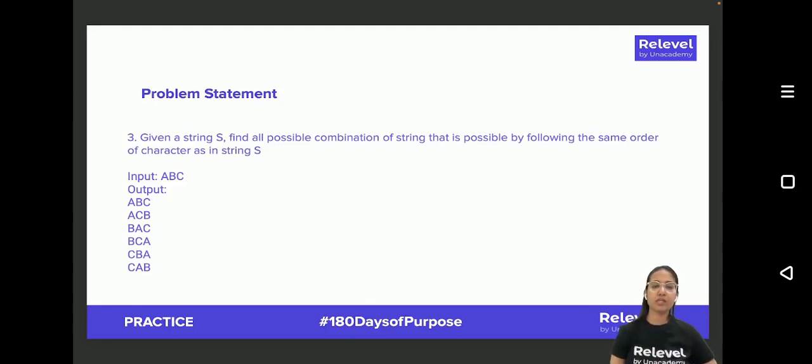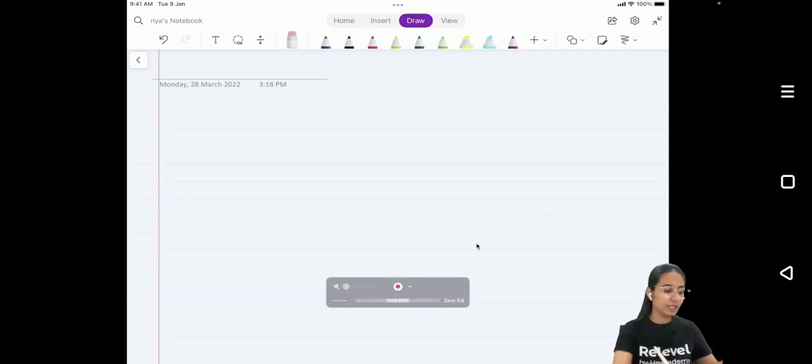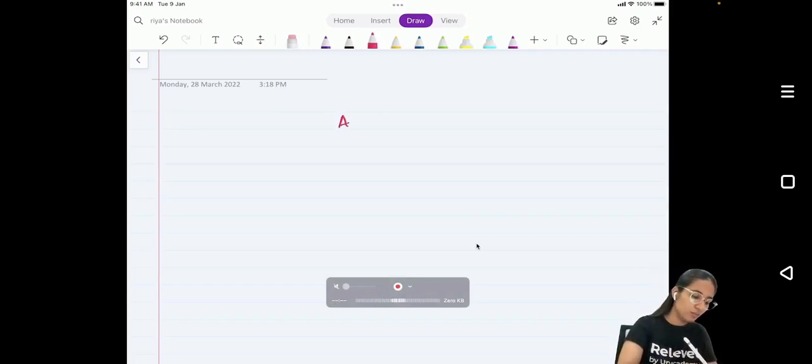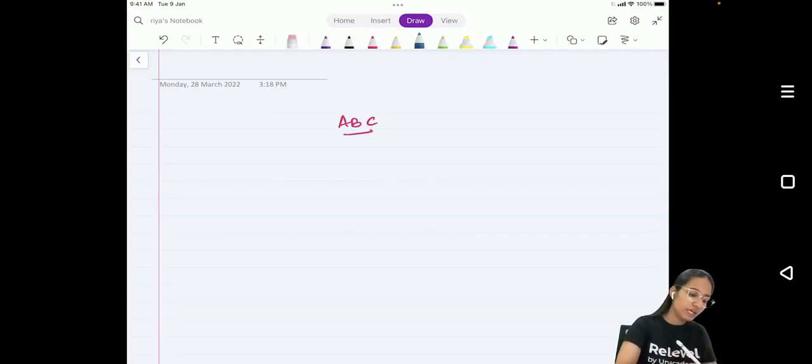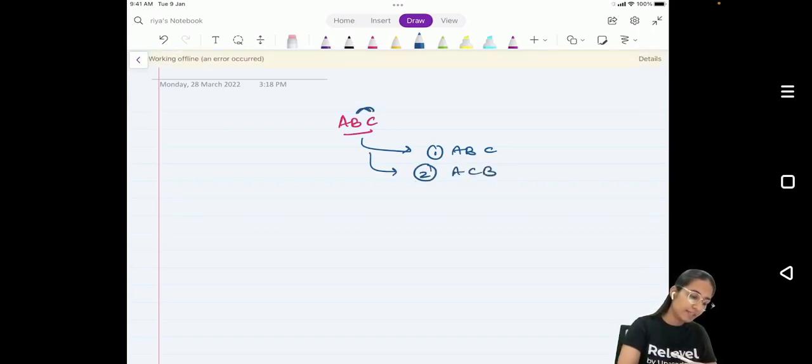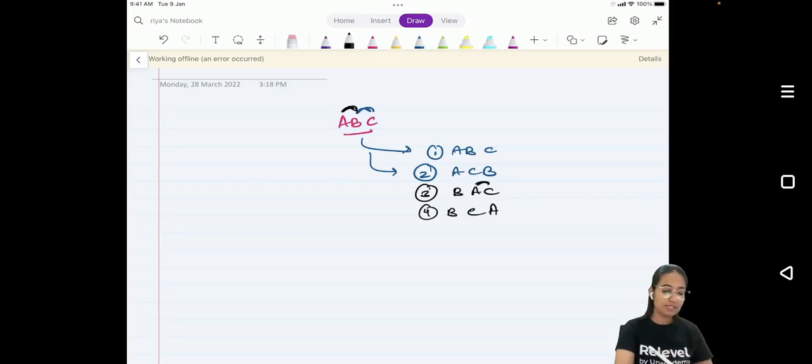Now let me drill down into the given input a little bit more. If the given input is ABC, you first have the input again. Then you have these two swapped, so you have this. And then let's say you have these two swapped, which is BAC. Now with BAC, if I swap these again, that gives me BCA.